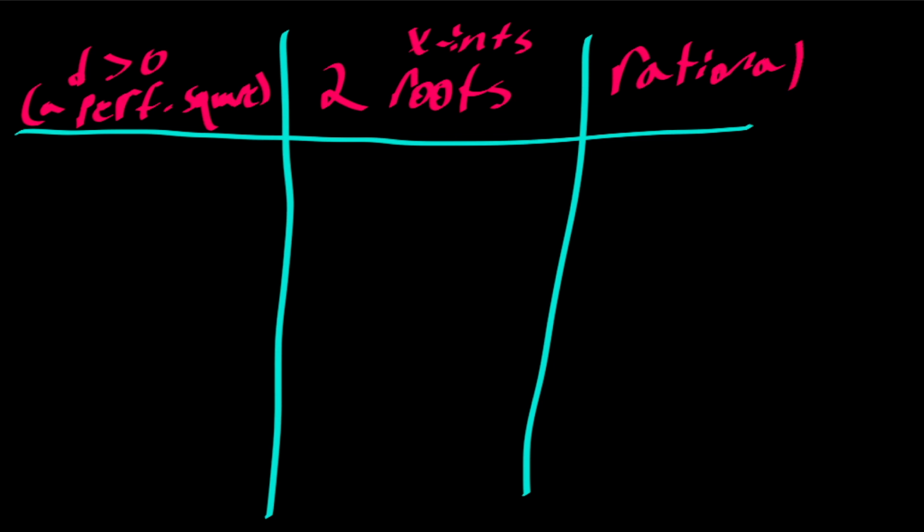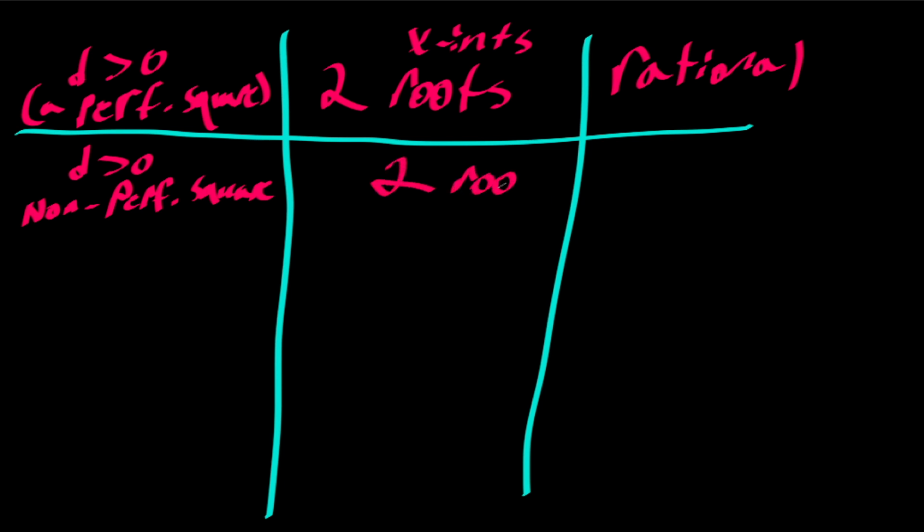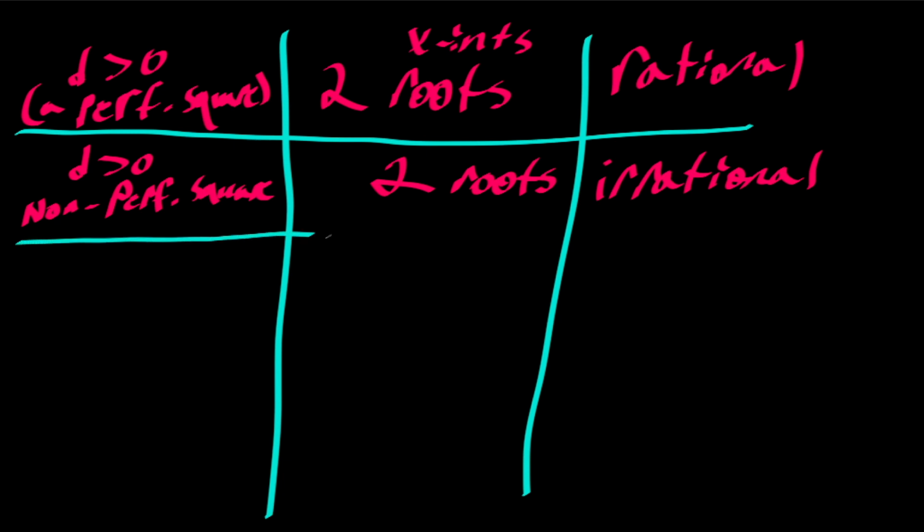Now, the same thing can happen. D can be greater than 0, but if it's a non-perfect square, that's going to change things a little bit. It still means that we have two roots, but now they're going to be irrational roots. The third option is that the discriminant is equal to 0.